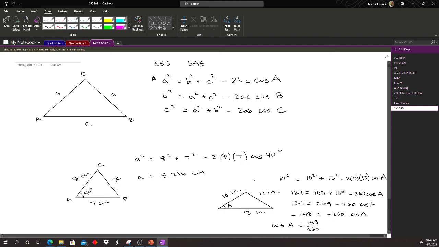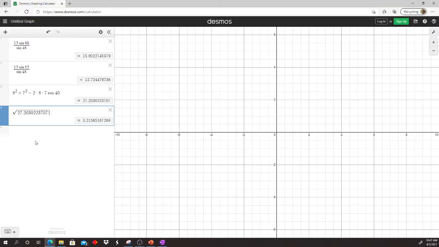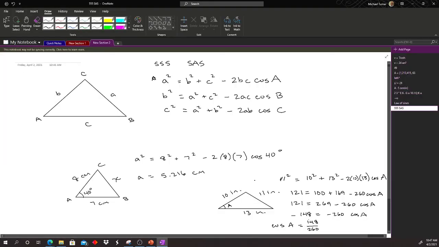I'm going to use the inverse cosine function. So cosine inverse of 148 over 260, and remember this is in degrees. So angle A in this scenario is approximately 55 degrees, like so.